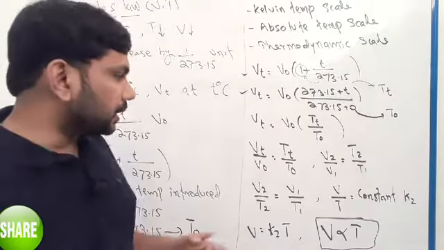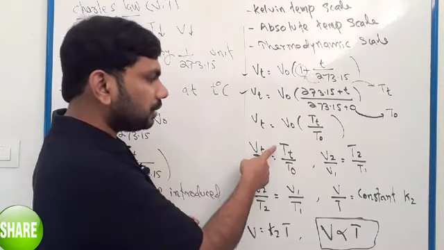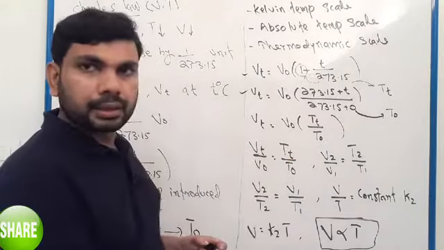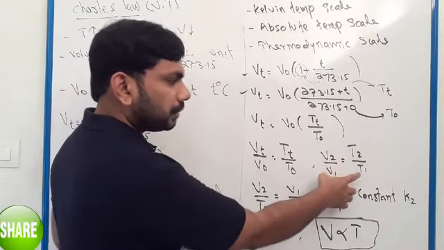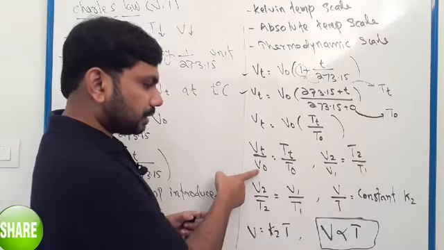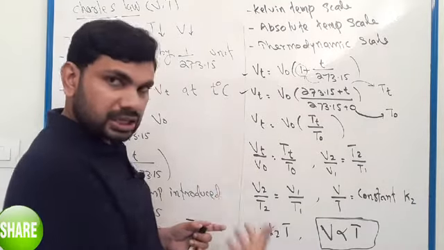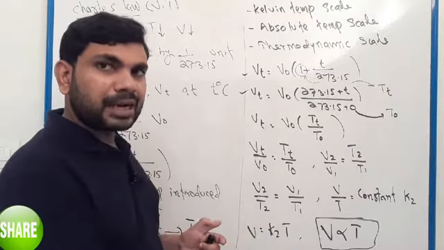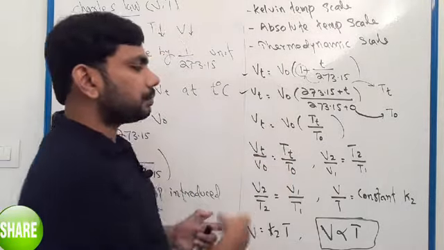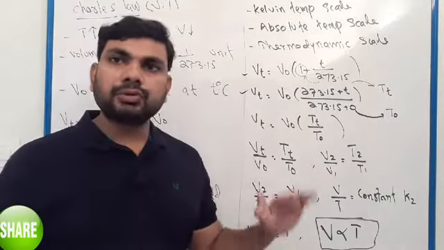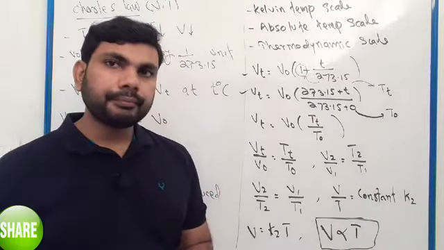So you can write V2 divided by V1 equal to T2 divided by T1, because V0 means initial, and Vt means volume at temperature T. So V2 by V1 equal to T2 divided by T1.